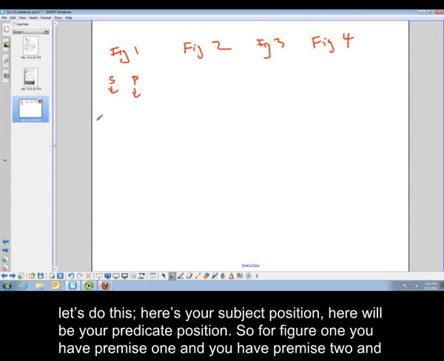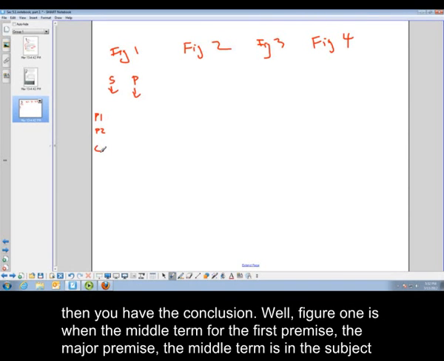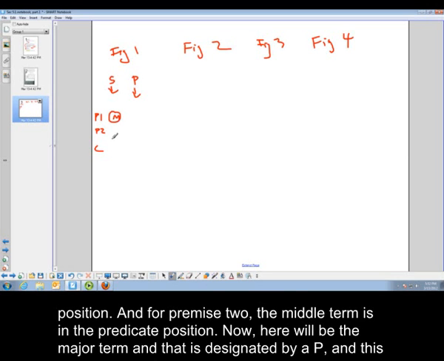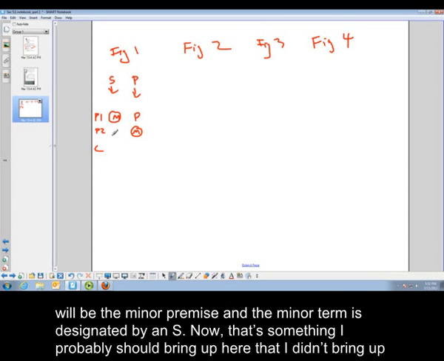So for figure 1, you have premise 1, premise 2, and then the conclusion. Figure 1 is when the middle term in the first premise, the major premise, is in the subject position, and in premise 2, the middle term is in the predicate position. Now here will be the major term, designated by a P, and this will be the minor premise, and the minor term is designated by an S.